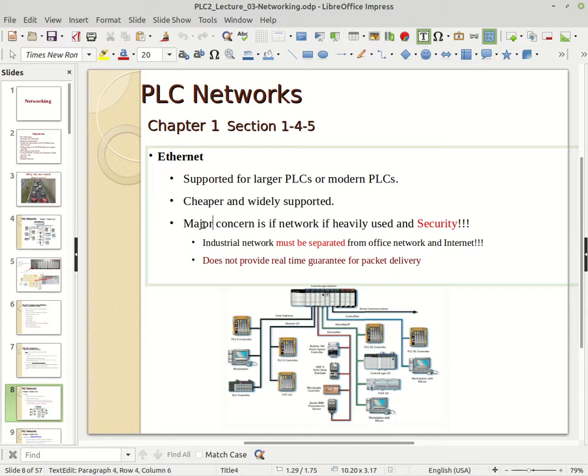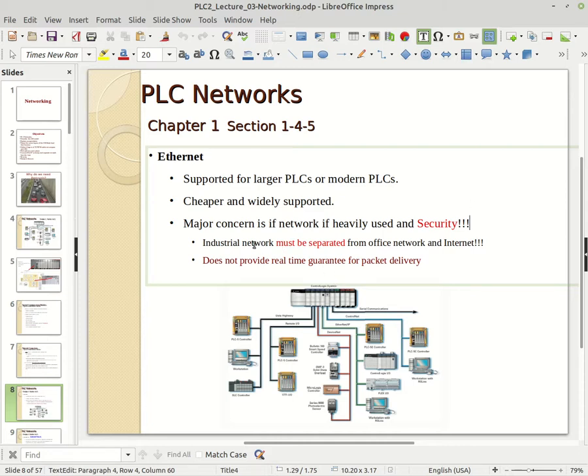Okay. But one of the major concerns with Ethernet is the fact that because it's used throughout the world and the internet, we do have to keep security in mind. I mean, we need to keep security in mind for all types of networking, but for Ethernet specifically, I think it's even more important that we consider that.